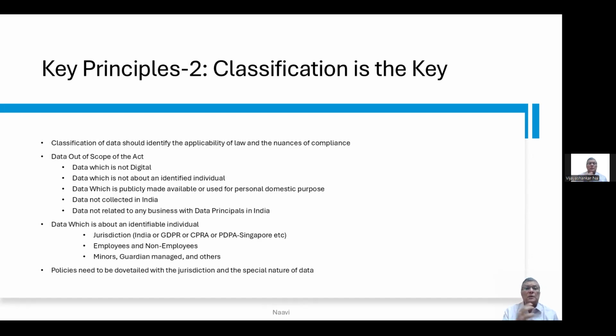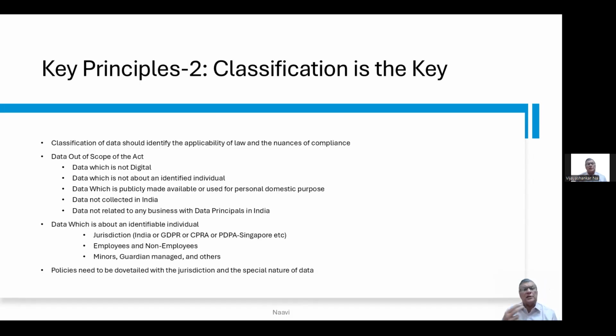But when it comes to DPDPA compliance, classification has to support the compliance requirement. Compliance is different for different classes of personal data. For example, if it is a minor's personal data, obviously controls will have to be different. If it is data processed under legitimate use, it is different.